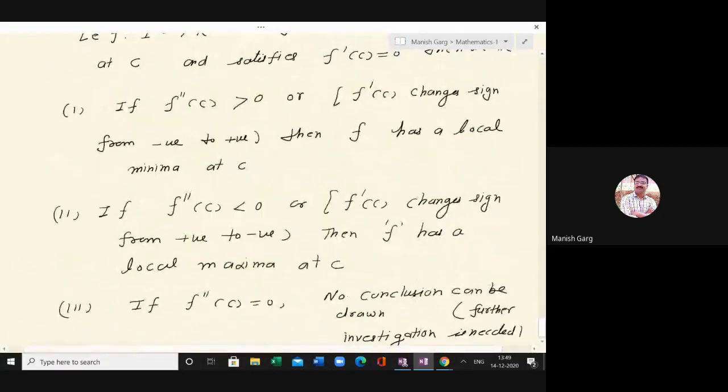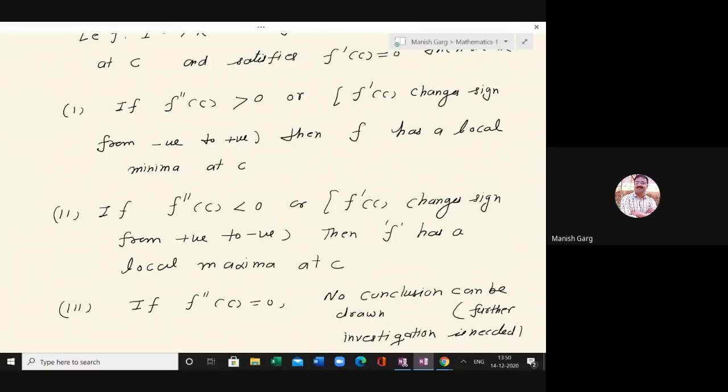So what is the necessary condition? I am combining both. If f is differentiable and you are confirmed that f has a local maximum or minimum at any point, then the value of the derivative of the function at that point will be 0, but the converse is not true. So when will the converse be true?